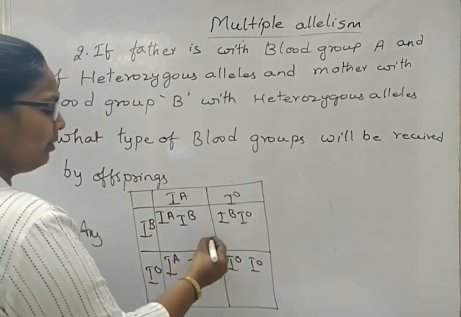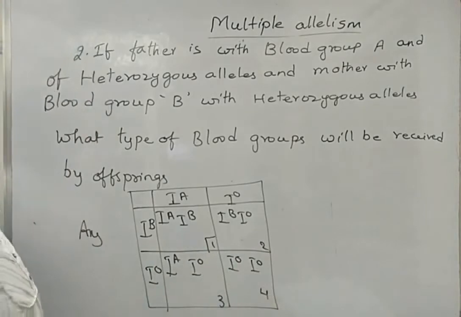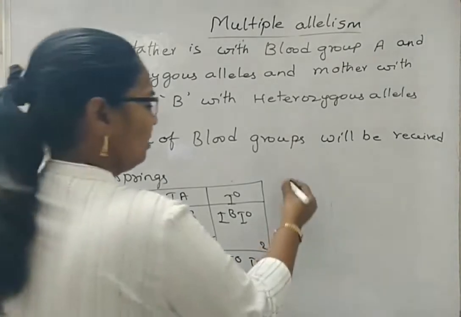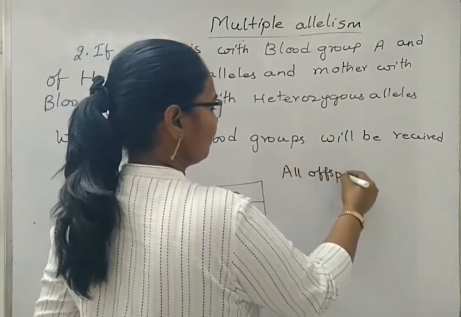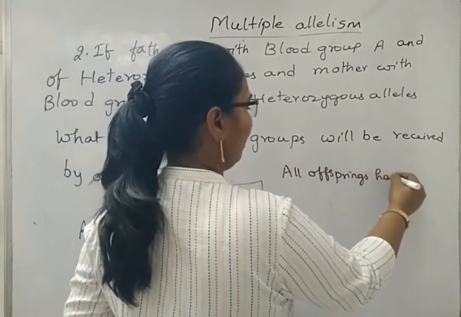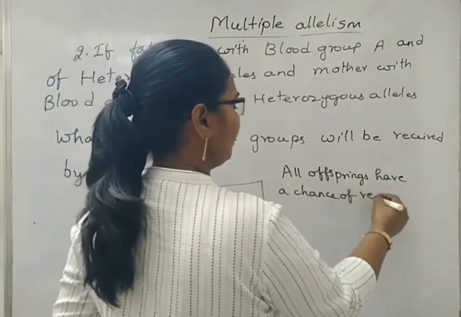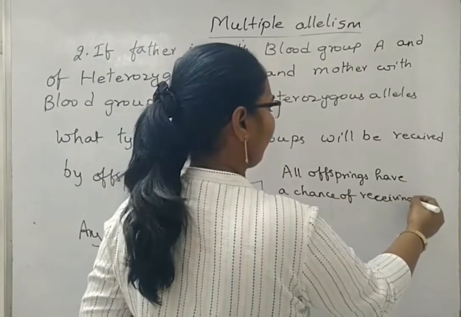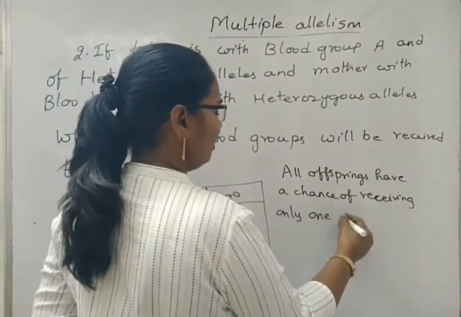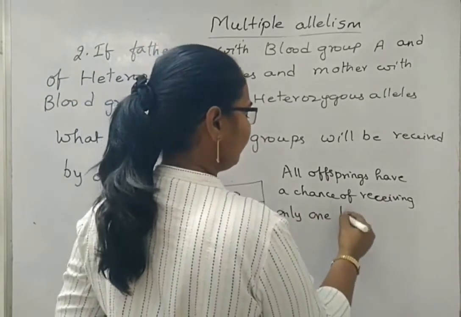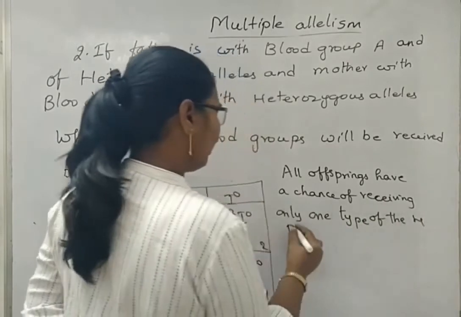Now, let's give numbering 1, 2, 3 and 4. If we give numbering like this, all offsprings have a chance of receiving only one type of the 4 phenotypes.